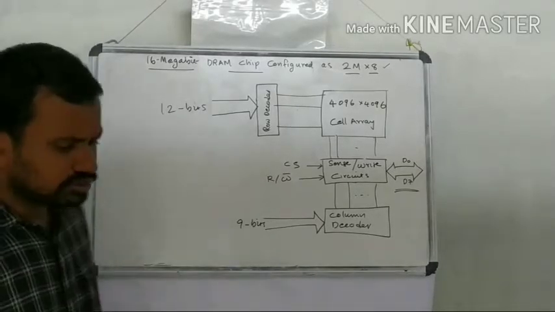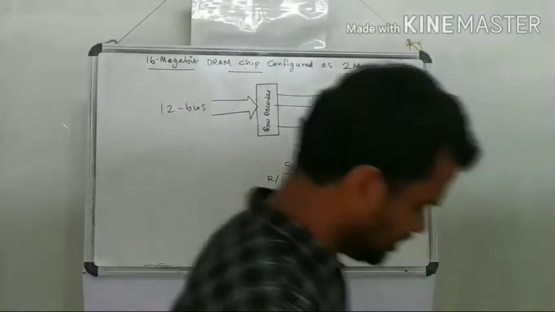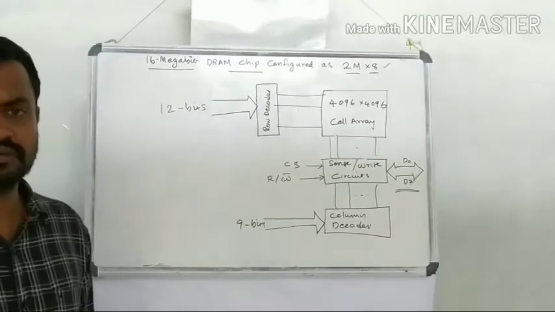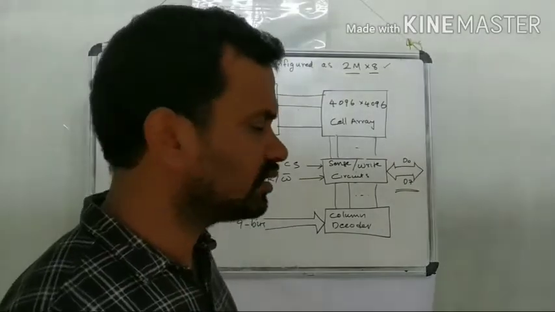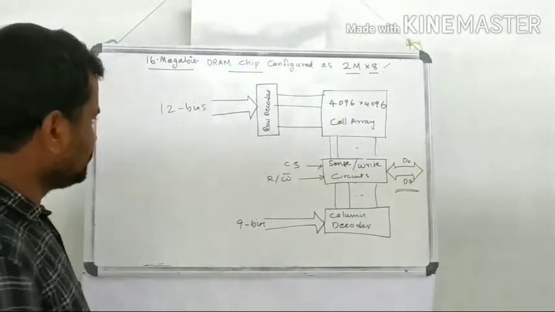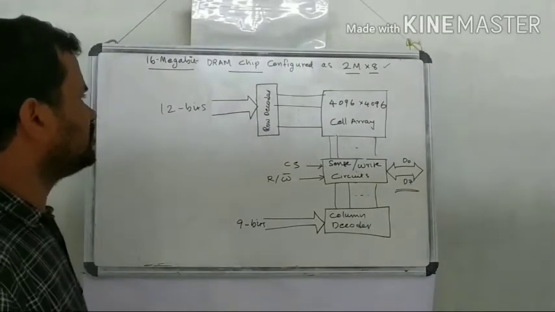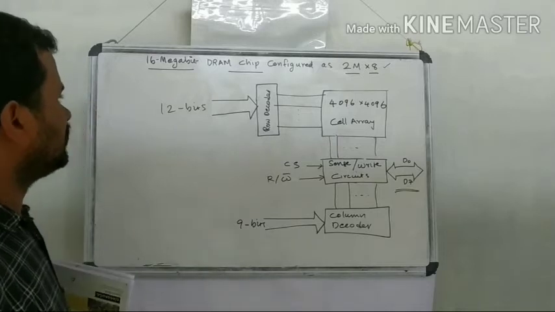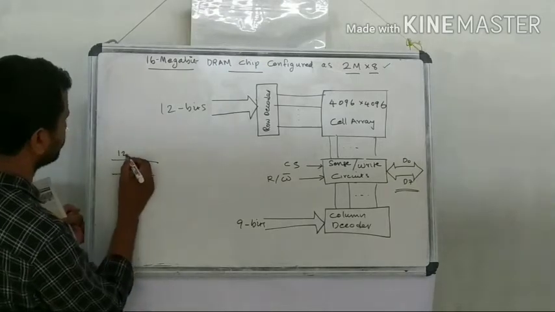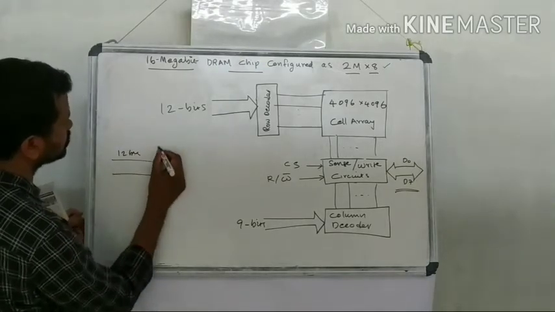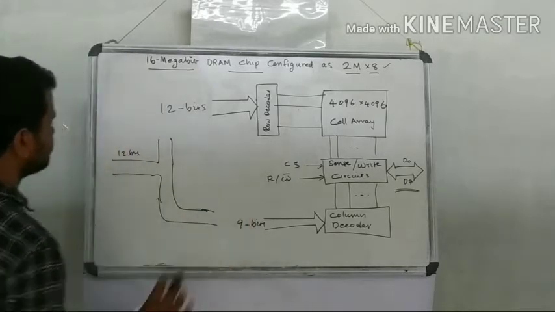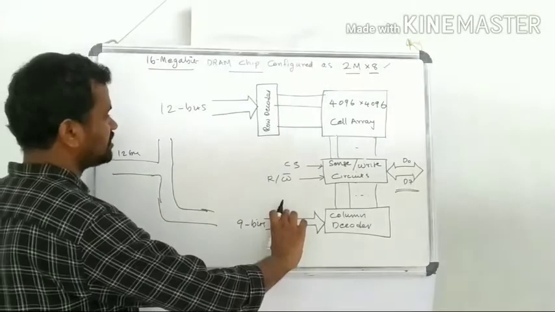Then, to reduce the number of pins: here we need 21 address pins for transferring the address information. To reduce the number of pins on the chip, we can use another mechanism. We can use a single 12-bit bus, and that can be used for transferring both the column address and the row address.